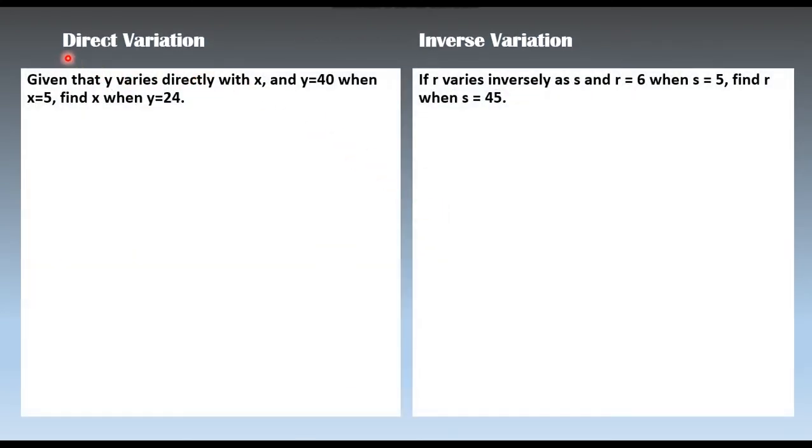So let's start with the first problem about direct variation. Given that y varies directly with x and y equals 40 when x equals 5, find x when y equals 24. So the first step is to translate.